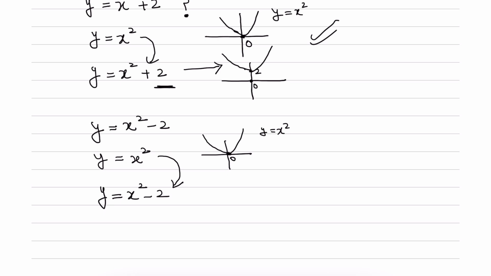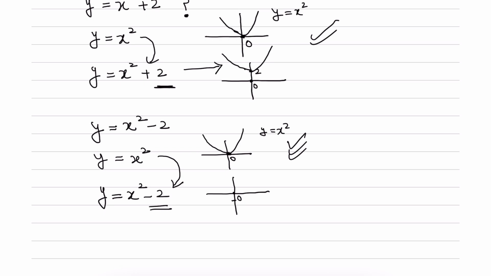So what you do is you shift this graph 2 units down, because you are subtracting 2 from this function x square on the right hand side. You start shifting it from the origin. For this function, the origin is here. You bring this graph 2 units down.